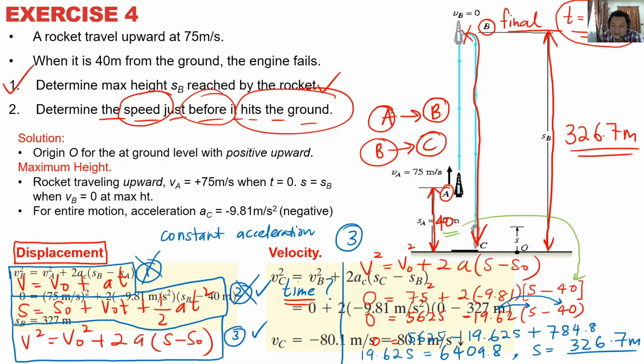Do we know the time? No. 7.65 is from 40 meter ni. From above until down, we don't know. I guess if you don't know the time, use equation number 3.